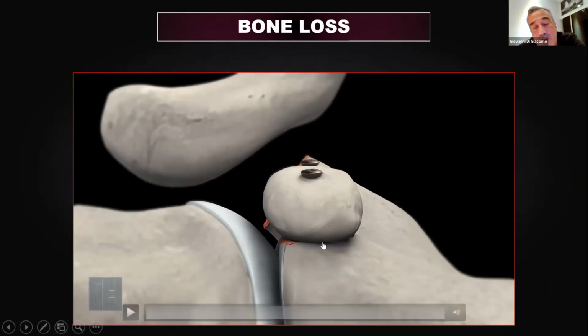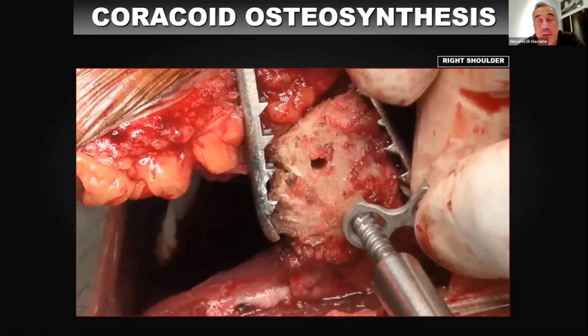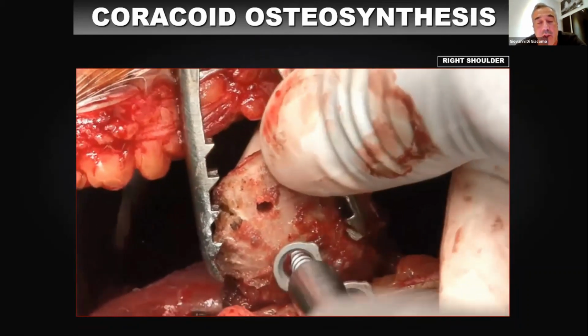That is an issue because here the compression of the most medial part of the coracoid and glenoid is very complicated. That's the reason we have a plate with a middle wedge, because the teeth of the coracoid improve the contact between the medial part of the coracoid and the glenoid neck.